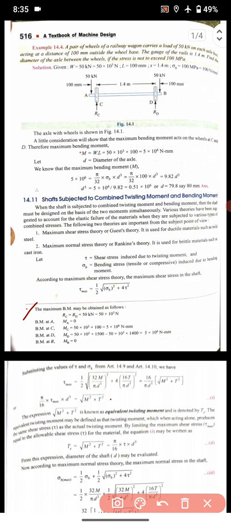Okay, so the maximum bending moment is the same value.